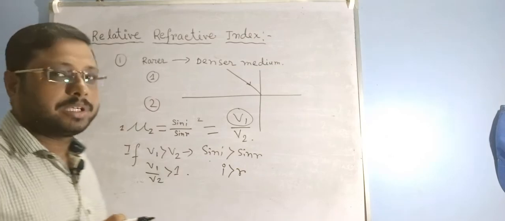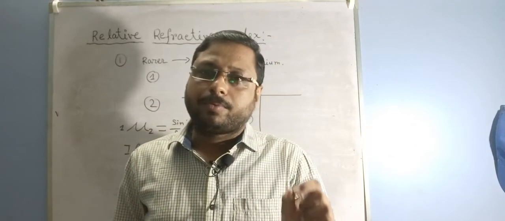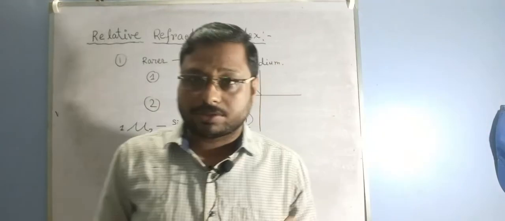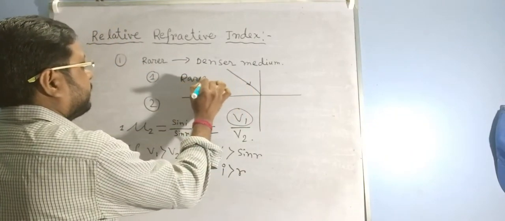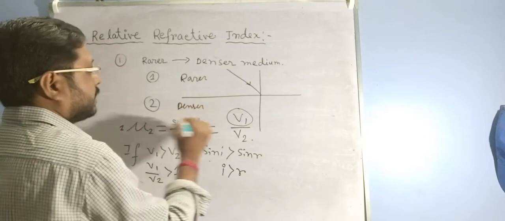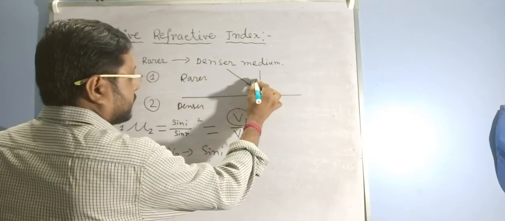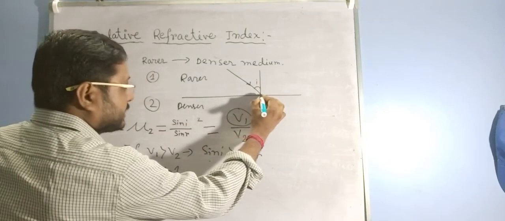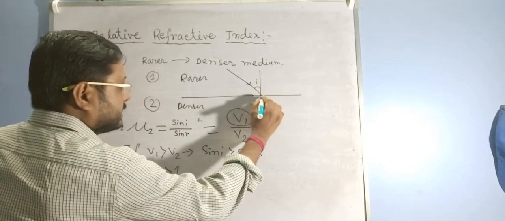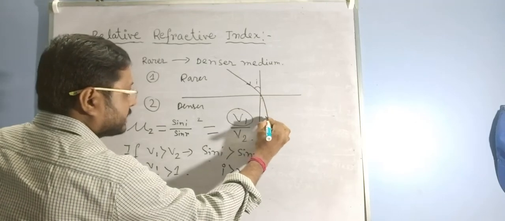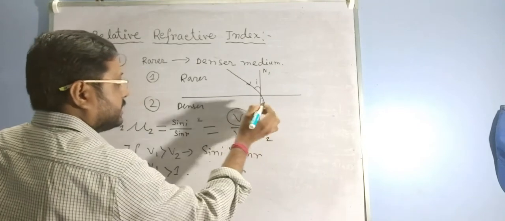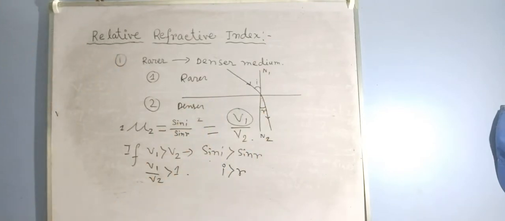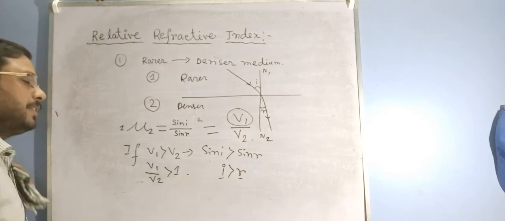I already told that the medium in which the light goes with greater velocity is known as rarer medium. So, when light goes from rarer medium to denser medium, then the angle of incidence is greater than refraction. So, if angle of refraction is less, then it must be bent towards the normal N1, N2. This is the picture of refraction of light when it goes from rarer to denser. Here angle of incidence is greater than angle of refraction.